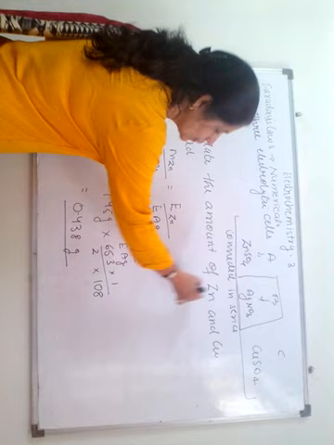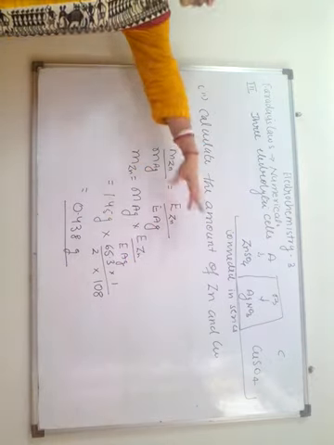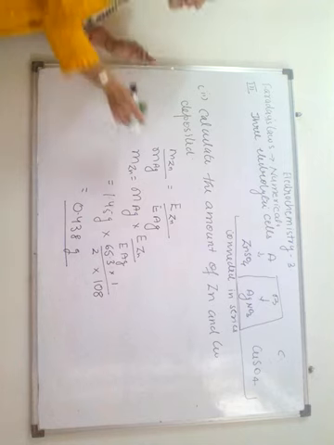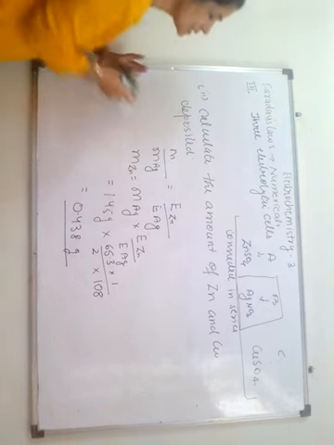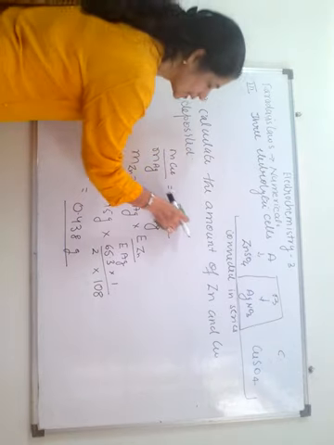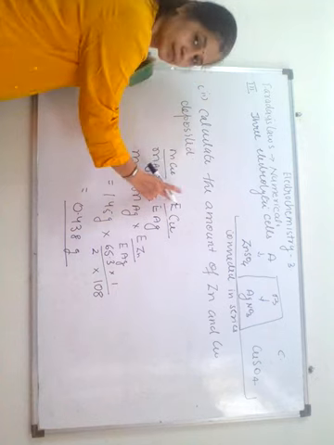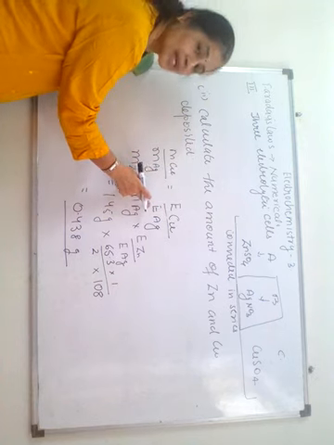Likewise, I can calculate when I compare the second part. Calculate the amount of copper deposited. For copper, I can simply use mass of copper upon mass of silver is equal to equivalent mass of copper upon equivalent mass of silver.